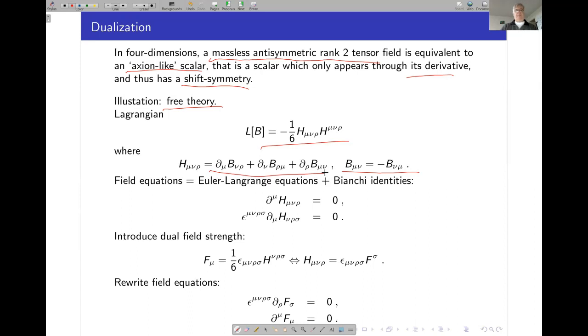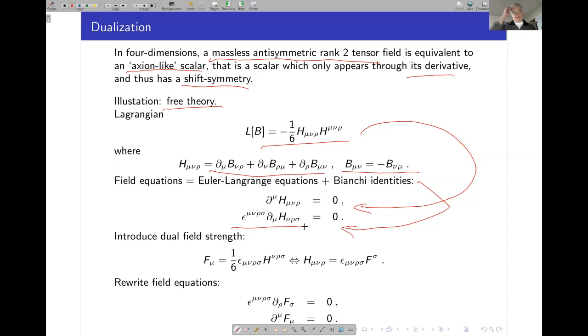If you take into account that B is completely antisymmetric, this formula is again a generalized curl, or for those who know differential forms, an exterior derivative. Now, given this Lagrangian, we can then get the Euler-Lagrange equations, which tell us that the divergence of H is equal to zero because we did not introduce any interactions. And then there are again Bianchi identities which are needed in order that H can be written in terms of B, and that is this contraction with the epsilon tensor.